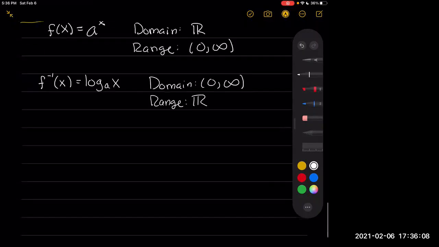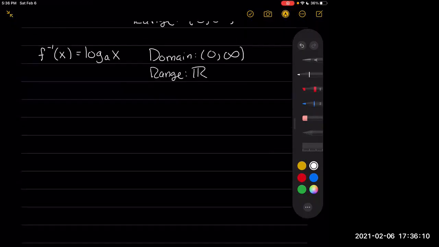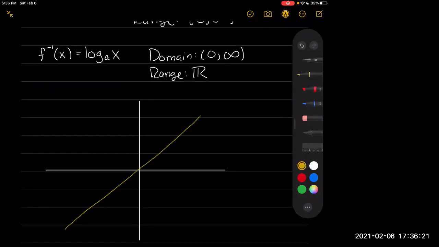And when we graph something like this, you should remember that when you graph an inverse function, the graph is reflected about the y equals x line.